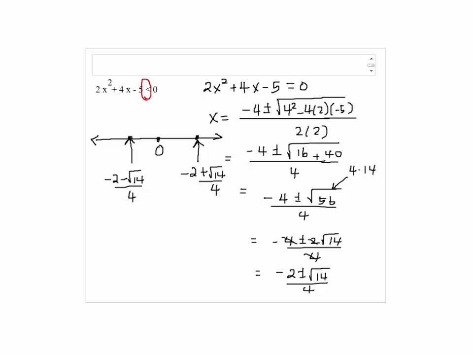Since the inequality says less than or equal to 0, we're talking about within the interval. So the answer will be the interval from negative 2 minus radical 14 over 4, comma, negative 2 plus radical 14 over 4, in brackets.